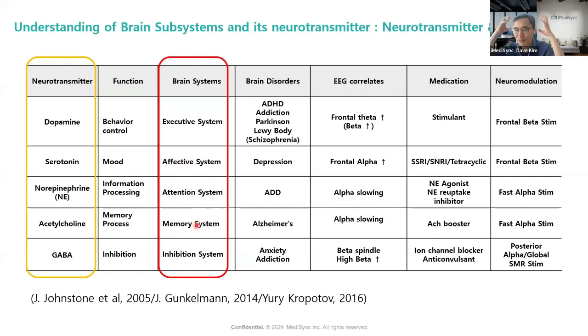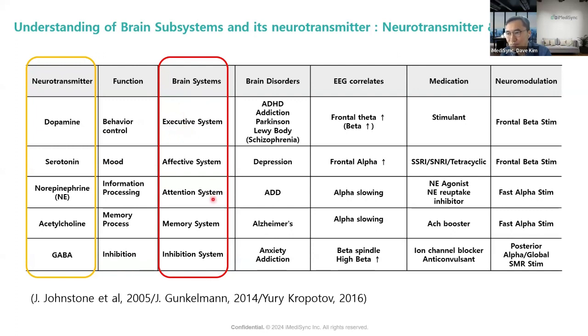And once we get the memory, based on that memory, we make a further decision based on our previous experience. So based on that memory information, we select our action. That's the executive system.